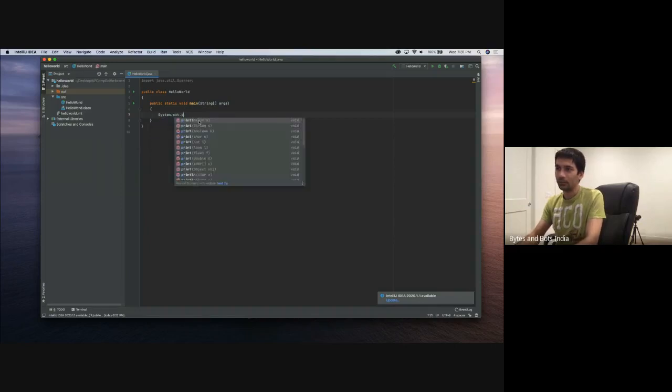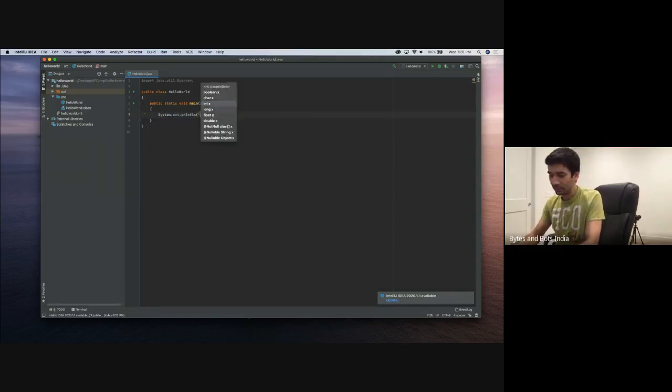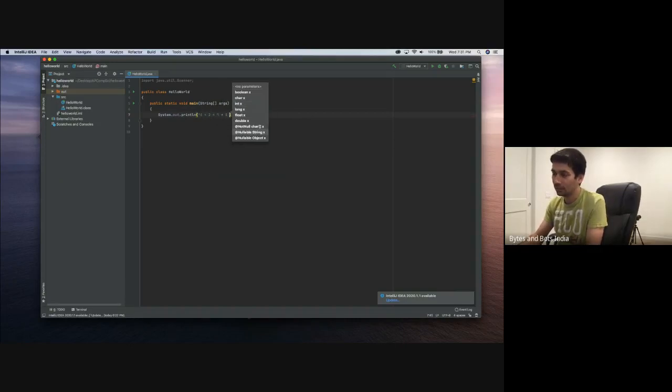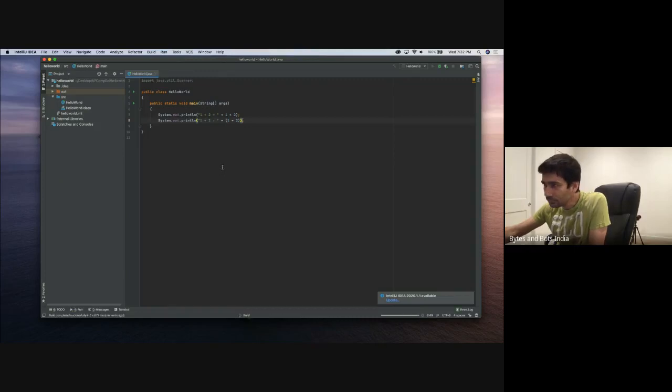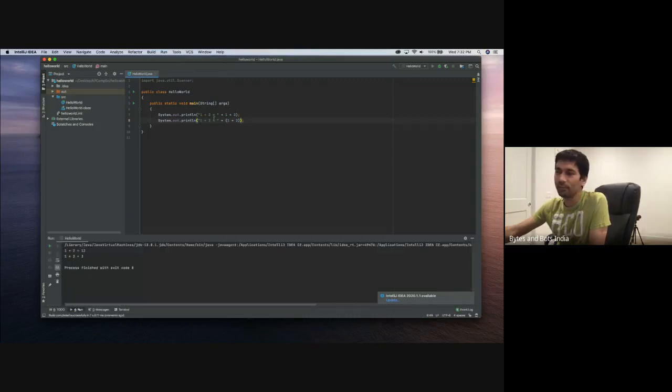System.out.println. The first expression we have is 1 plus 2, right? Equal to, it's here, then 1 plus 3, right? And the second one is where it is, and save it, then run that new one. So we get the exact same output, 12 and 3. So what happened?